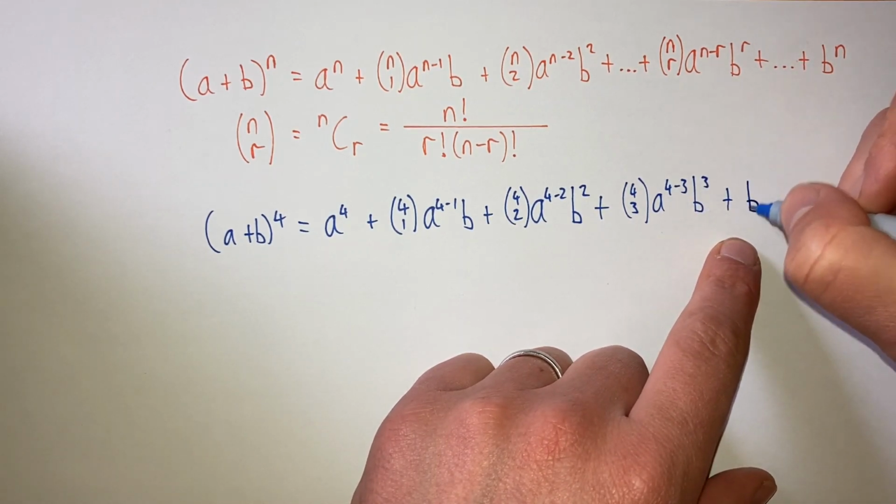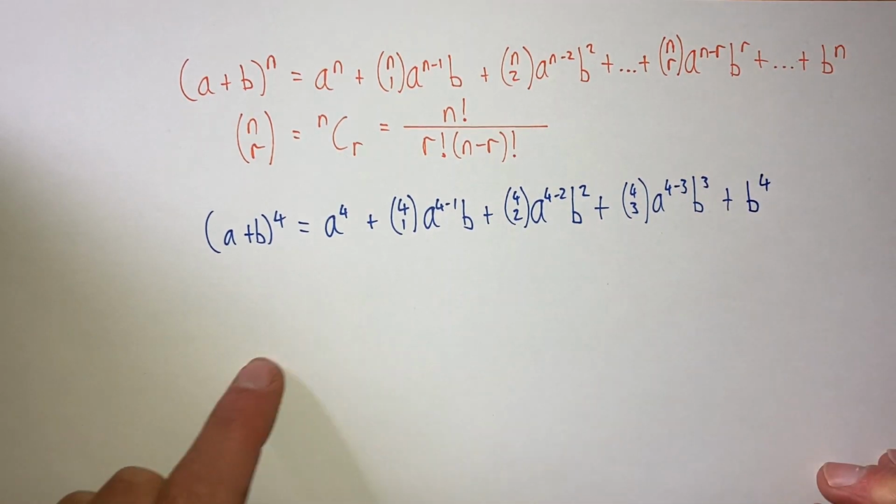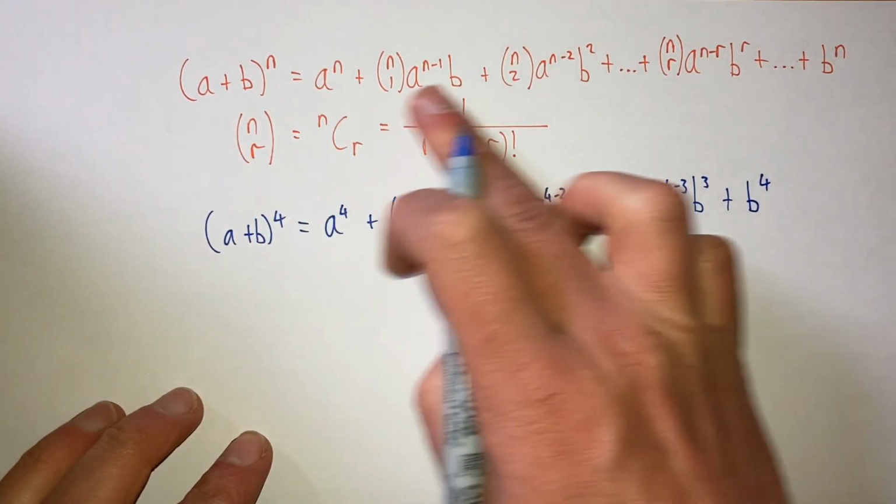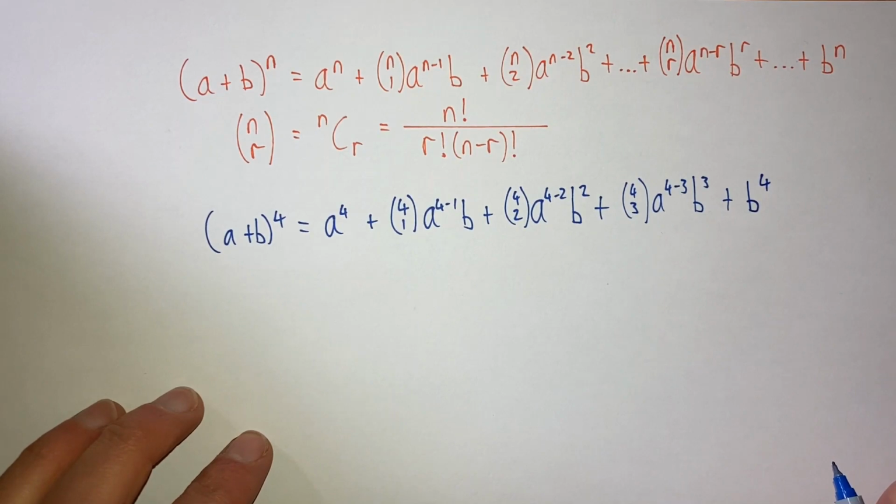So I'm just going to write b to the 4 here. And that's using this complete formula.